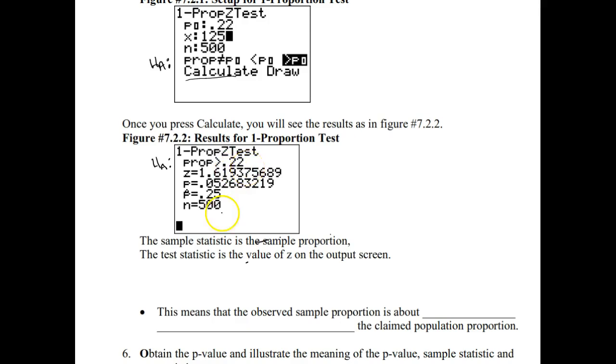On this screen we have the values that we need. Our sample statistic is the sample proportion, p hat, and that is on the output screen as 0.25.